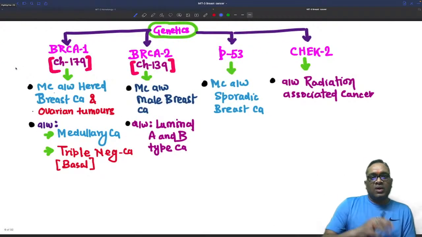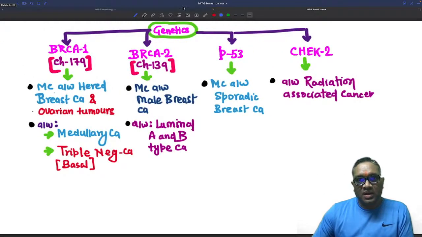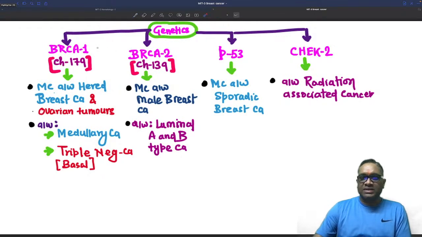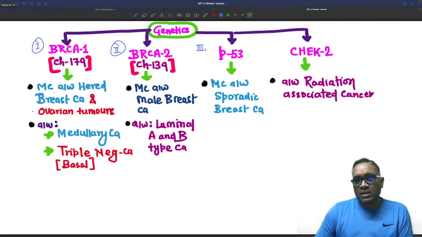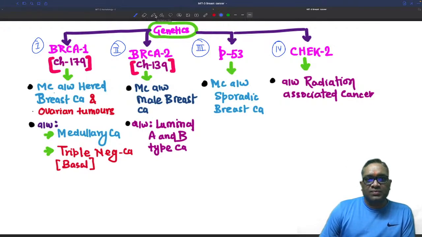Answer is B. Now I will discuss a little glossary of the genetics of breast cancer, which examiners ask very often in the exam. There are 4 genes: BRCA1, BRCA2, P53 and CHEK2. Out of these, what we need to remember is that BRCA1 is present on chromosome 17 long arm.